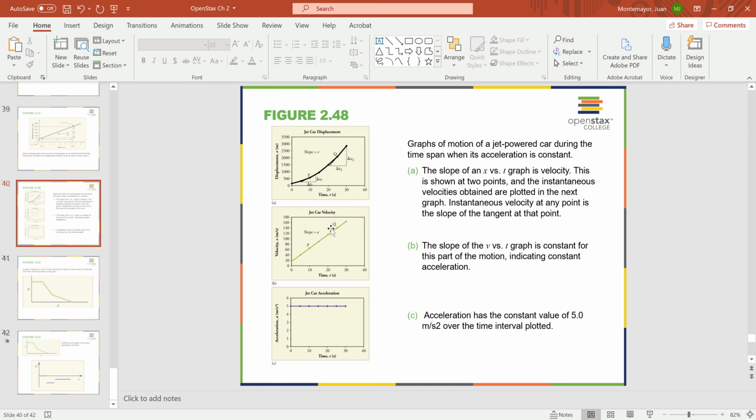So here we have P and Q. While our position changes in a quadratic form, our velocity is just linear. Because our velocity is linear, our acceleration is constant here. Okay, and that's what this graph down here represents.